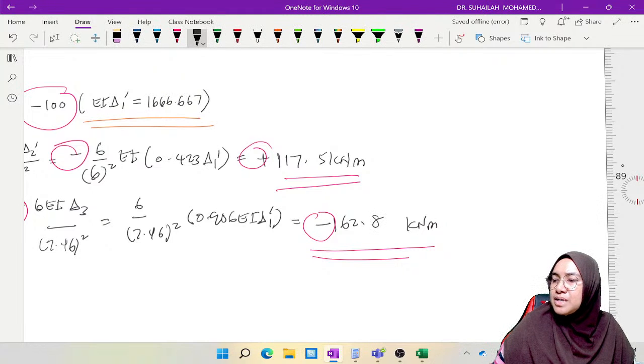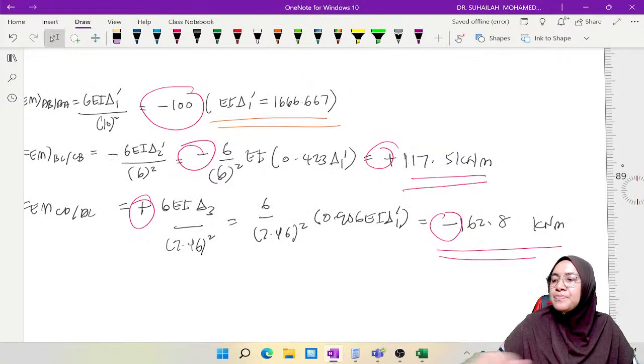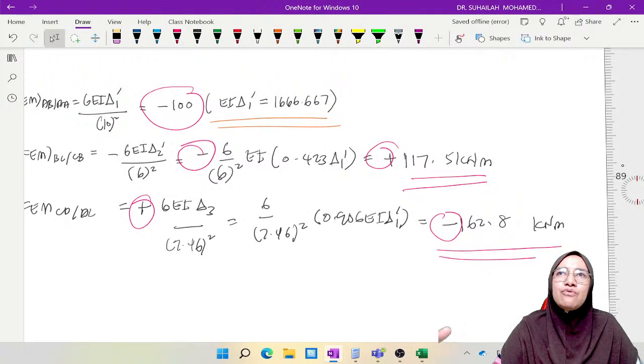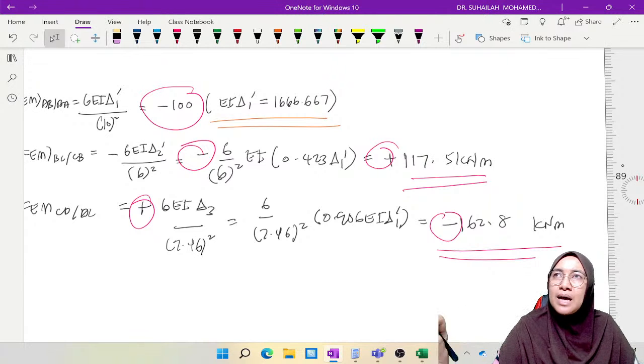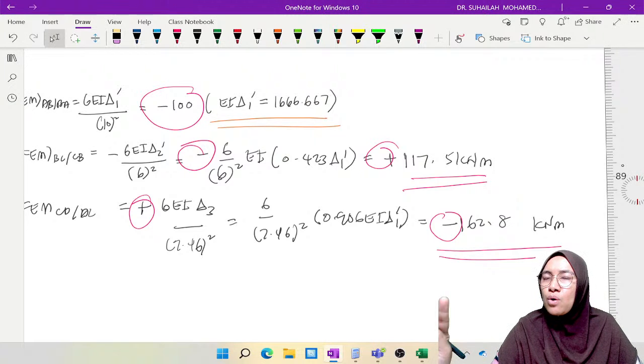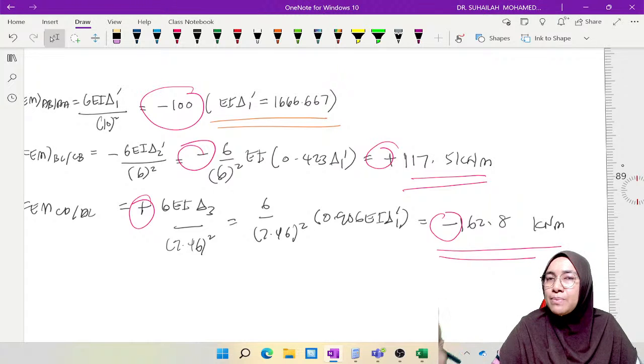So this is how we find the ratio between each member in frame. This is actually the most complicated part in frame with side sway analysis, where in this section under 3A, the assumption that we made is actually for one column only, one member only.